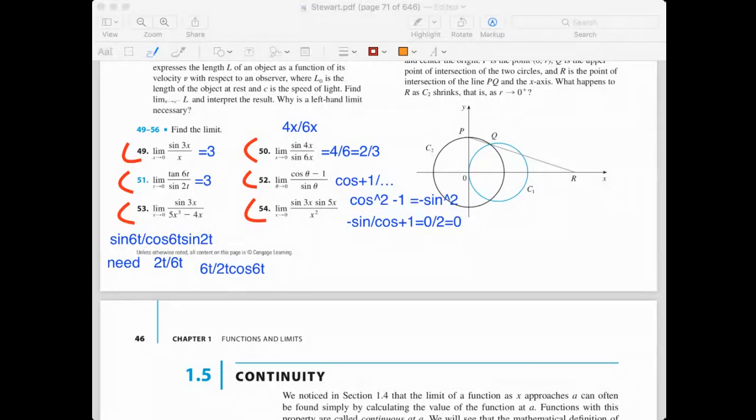Yeah. I multiplied by 3x to simplify, and then I split up the limit. So I got 3 sine 3x over 3x times 1 over 5x cubed minus 4x. And then I simplified and got 3x over x times 5x squared minus 4.